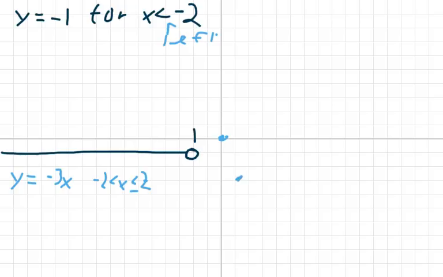I go down 3 over 1, down 3 over 1 again, because we're only going from -2 to +2, there's -2 and +2, and then I have the solid point.